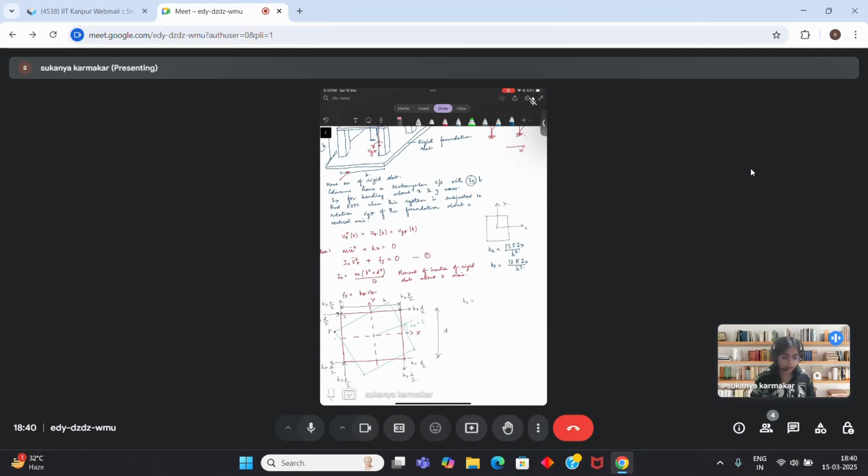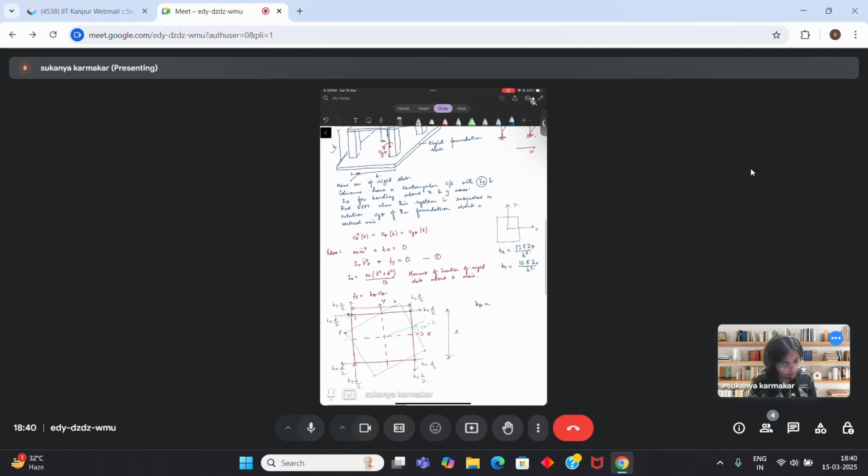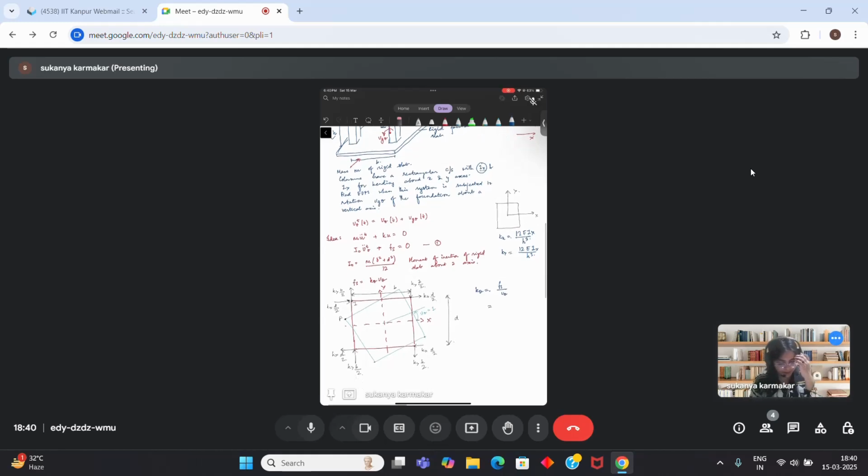So once you know kx and ky, then I want to write k theta. So what will be k theta? K theta will be basically fs by u theta. U theta is 1. What is the total value of force? The total value of force is the sum of all these forces.